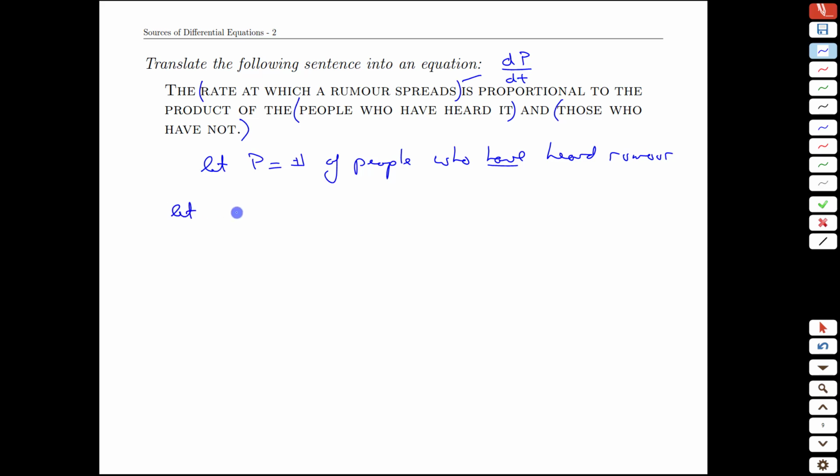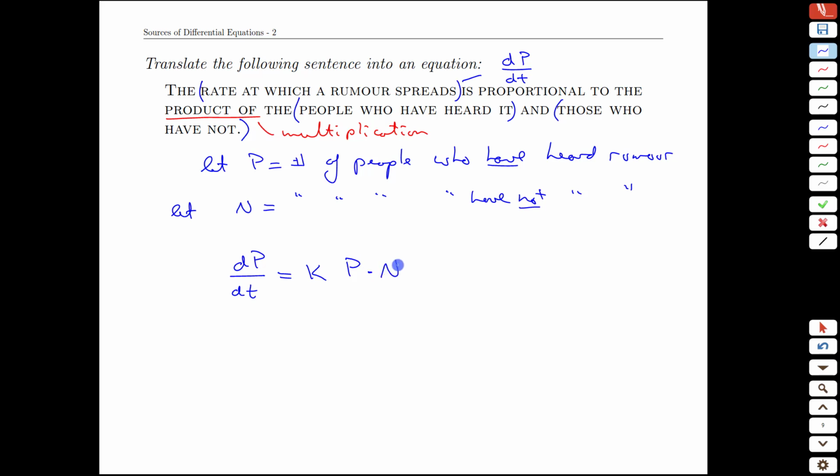Let's also let a new variable, call it N, be the number of people who, as you might expect, have not heard the rumor. If we write this out, the rate at which the number who have heard it changes is proportional to, is equal to a constant times the product of, that just means multiplication, the multiplication or the product of two terms, P and N.